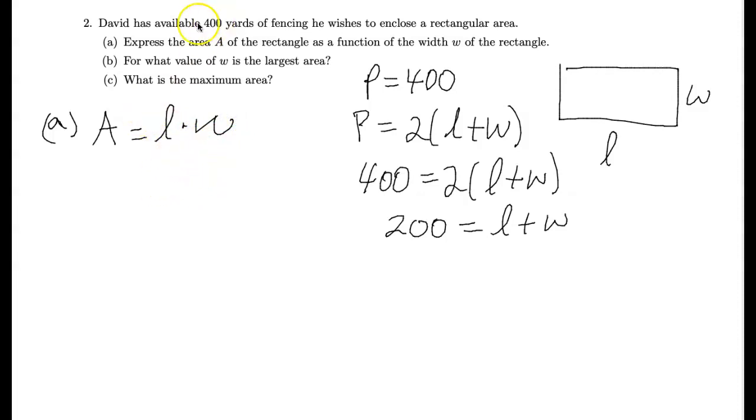One thing that I find helpful when I'm looking at these problems is we want it to be a function of W. So I don't want there to be an L. I want everything to be in terms of W. So I'm going to go back over to my perimeter, and if I solve for L, L will be in terms of W. Then everything in my area will be in terms of W.